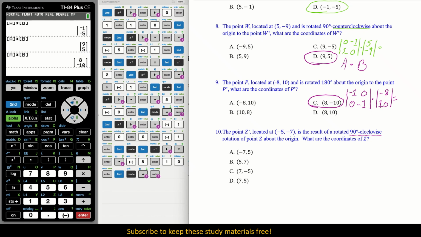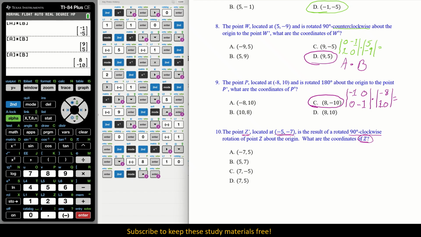Now, to get the value of Z, we are going backwards. So we have to use counterclockwise. Okay, if you aren't sure about that, tell it to yourself. What we're doing is we're going backwards. They're saying this is Z prime, but you need to tell me where you started. We gave you the image. Tell us the original point.